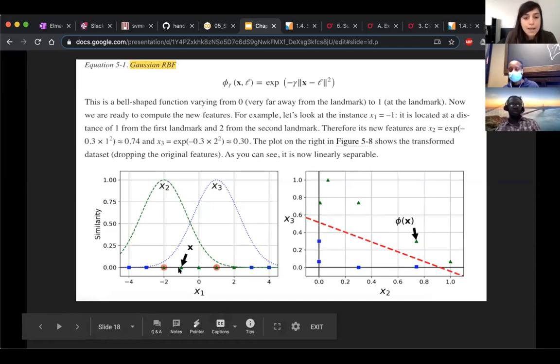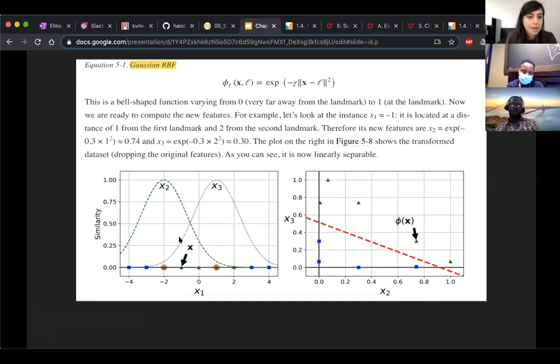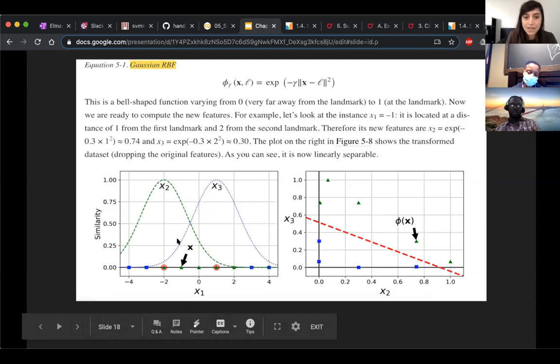For example, he's putting an arrow on this one. If I go up, it will intersect at about 0.3 over here, so the X3 feature would be that. And the X2 feature, if I go up, intersects somewhere over here, maybe 0.6. And this is exactly it.